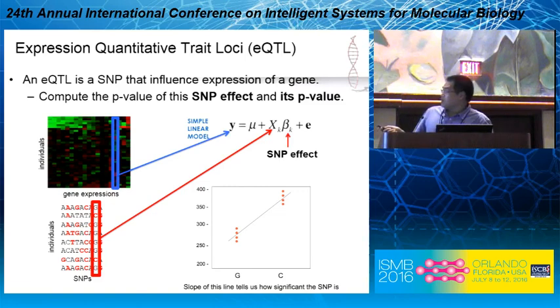You would like to find this linear regression coefficient beta, which is the SNP effect, and the p-value of beta. If the p-value is very small, that means that beta is very high, so the slope here would be very steep, so that individuals who have the SNP C would have a higher expression than individuals who have the SNP G.